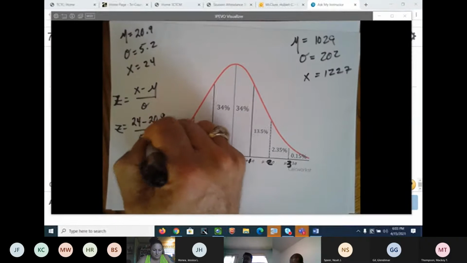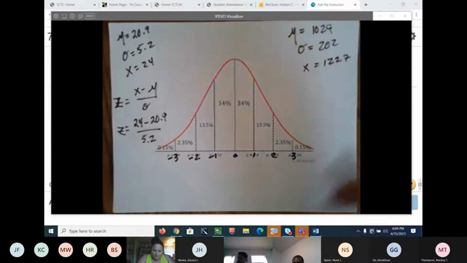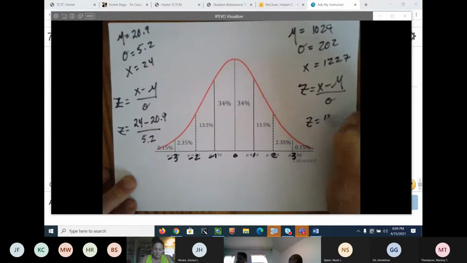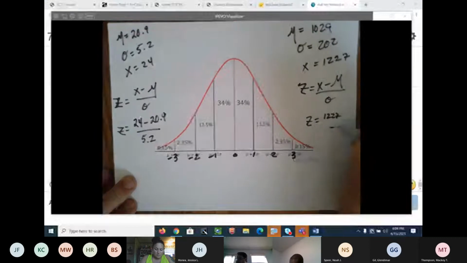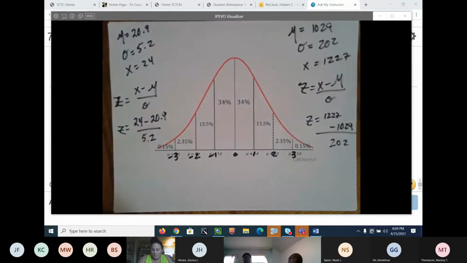I'm just plugging and chugging. And over here, z is equal to 1227 minus 1029 all over 202. Now I'll take out my calculator.